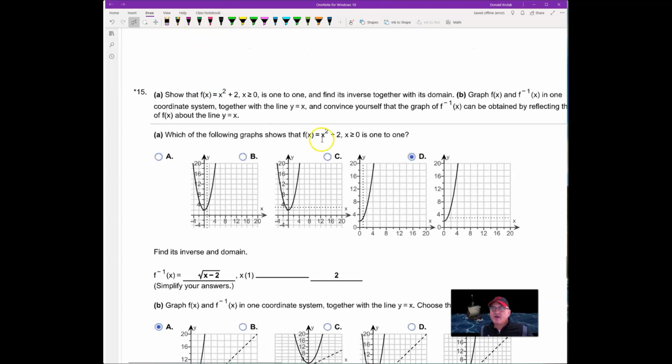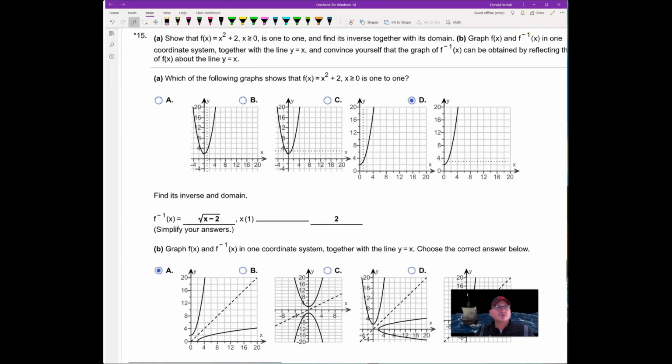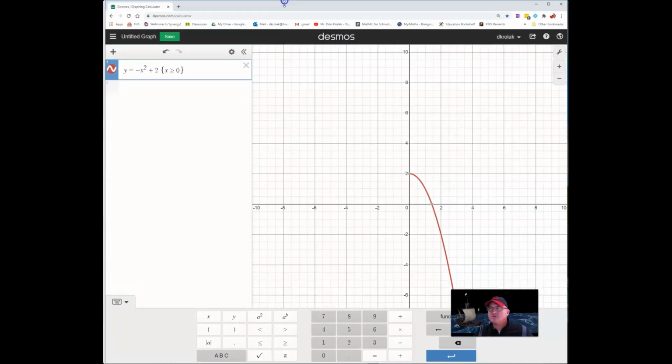So if I wanted to graph that, I can just type that in, and it'll show me that it's one-to-one. So this is x squared plus 2. All I've got to do is change this a little bit. Okay, x squared plus 2. Right now, if that wasn't in there, I'd see the whole graph.